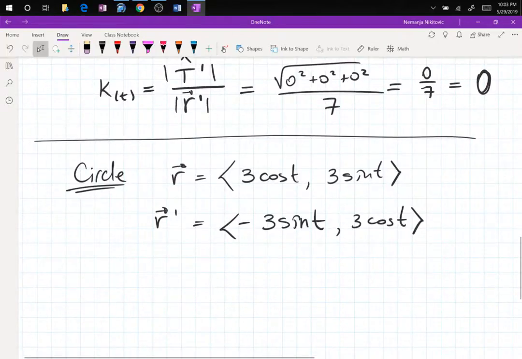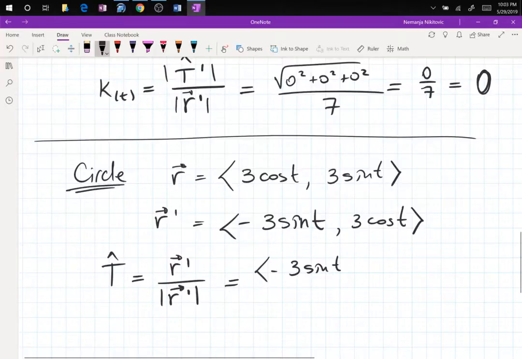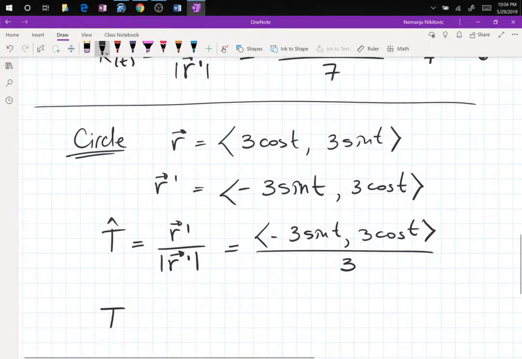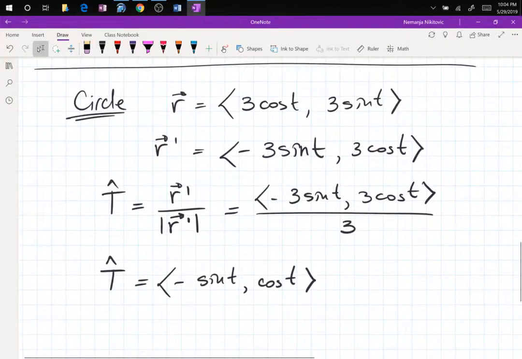T hat is r prime divided by the magnitude of r prime, which is negative 3 sine t, 3 cosine t divided by, in this case, 3. So T hat is equal to negative sine t, cosine t. And we also keep in a bank over here because we'll need it, that the magnitude of r prime is 3.